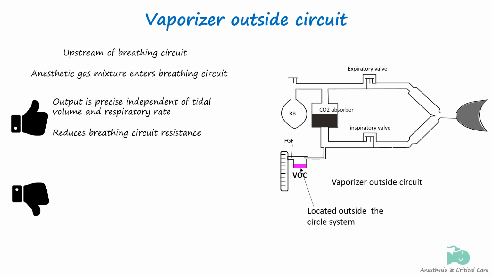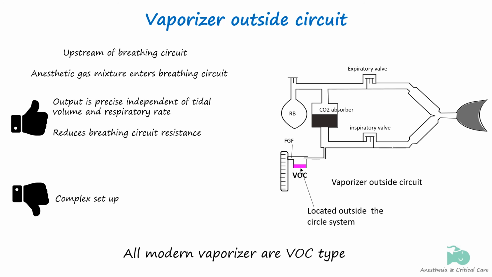The only drawback is that the system can be complex and may require more initial setup and adjustments compared to VIC systems. However, the lower resistance to flow and more reliable performance of VOC systems make them the preferred choice in modern anesthesia practice.